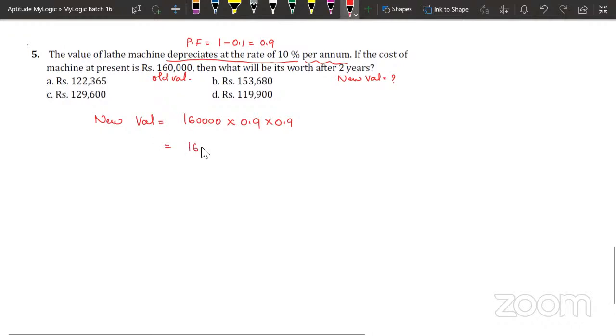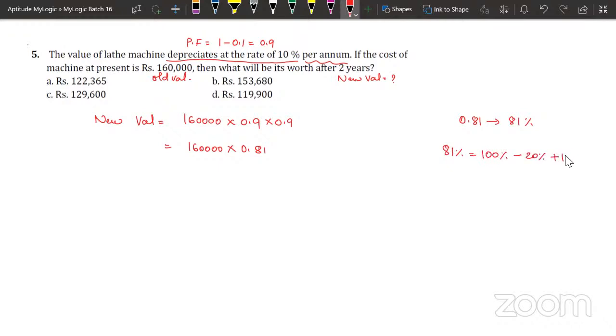This is 1,60,000 into 0.81. So 0.81 refers to 81%. Now, how do you calculate 81%? To calculate 81%, from 100% you subtract 20% and then add 1%.